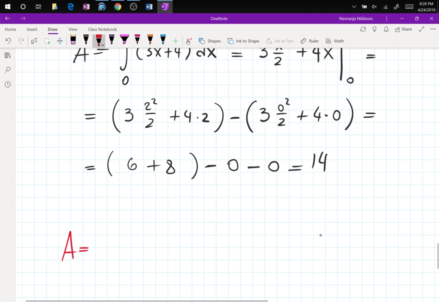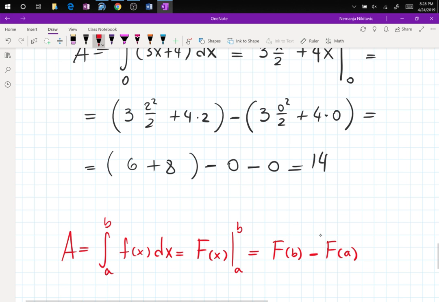So now, going back to our notation, here comes the red. Area equals integral a to b of f of x dx is equal to the antiderivative, that was capital F of x, right? This is why we had that notation. And look at the formula. It's F of b, the antiderivative computed at b, minus F of a, the antiderivative computed at a.